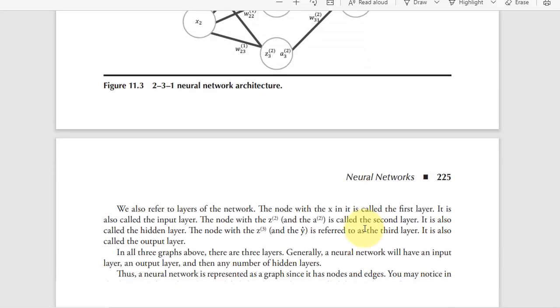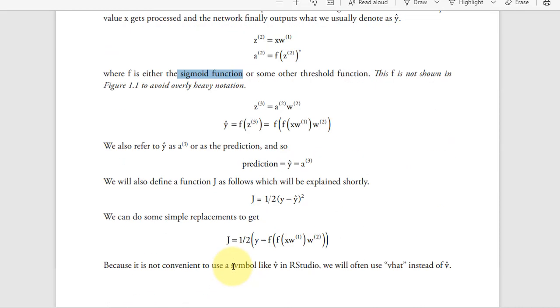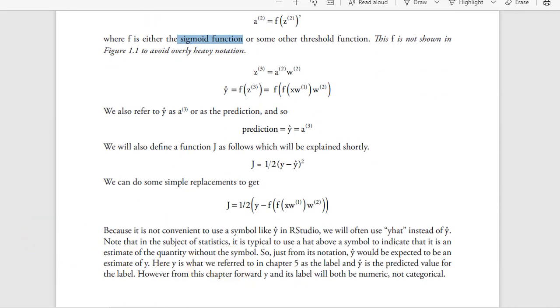Okay, so we could call it y hat, the predicted value, or we could also call it A3. But either y hat or A3. And so that is basically the neural network output. That is the prediction that we get from a given input.